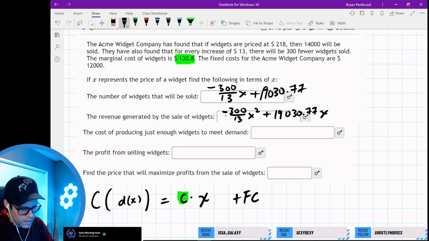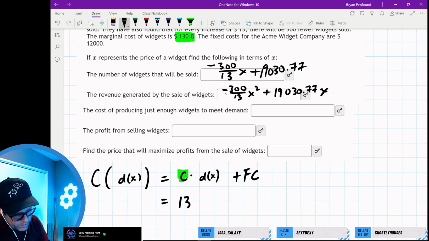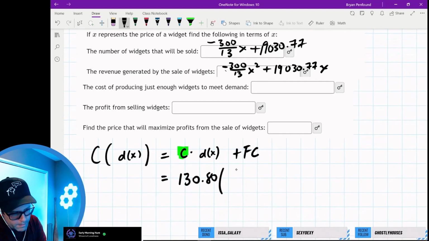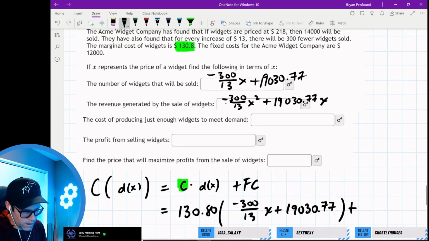Now, how we're going to have to update this is we want to input the demand function here. So I'm thinking that the cost is going to be our marginal cost of $130.80 multiplied by the demand function, which we found to be this function here, and then we need to add our fixed costs if we have any.